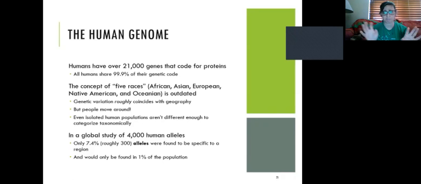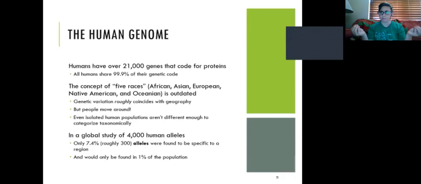So I'm going to kind of bring you behind the scenes in the science of taxonomy. It's really difficult to explain what a species is or what a subspecies is. Largely, it depends on whether we can determine that one group is different enough from another group.